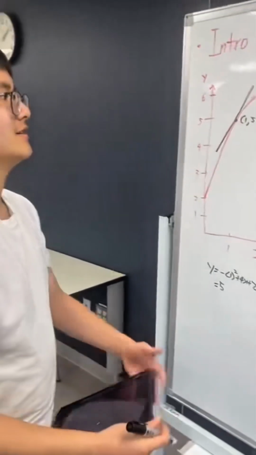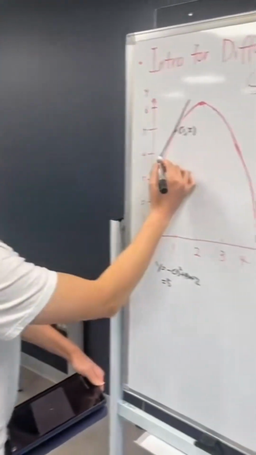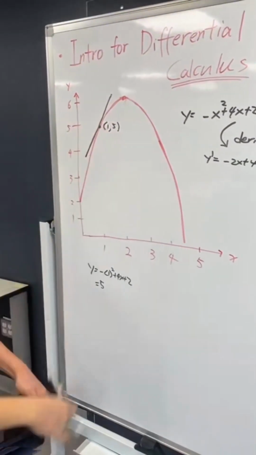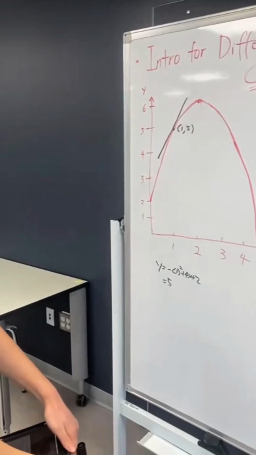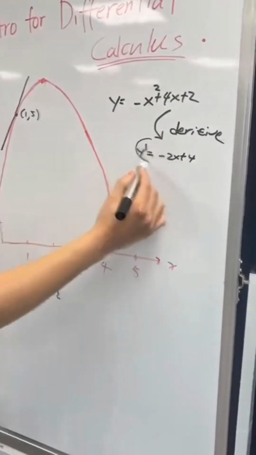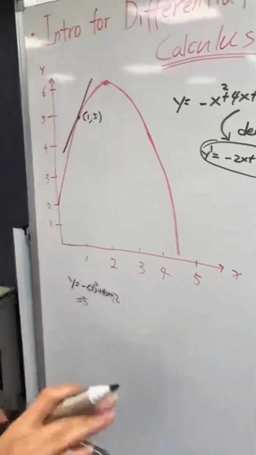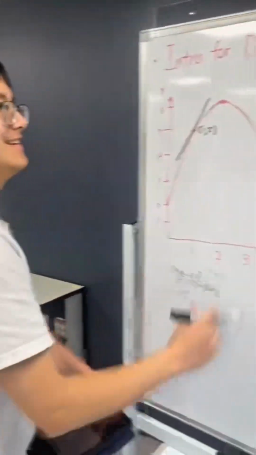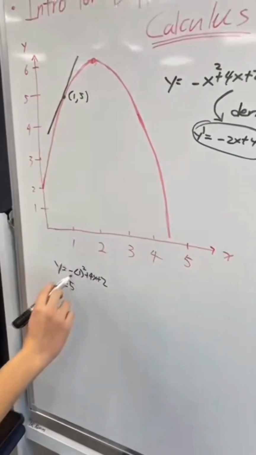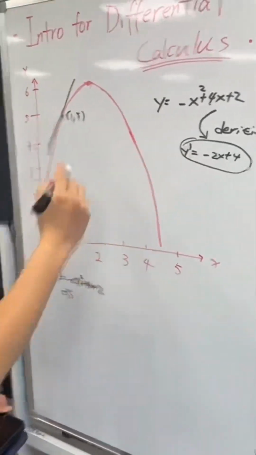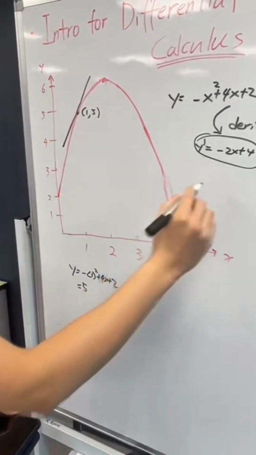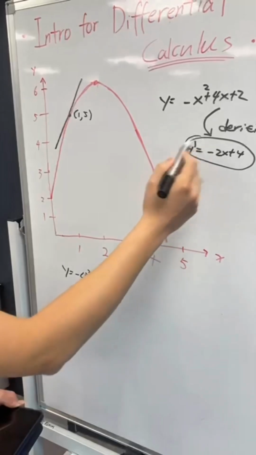However, we are trying to find this line, which is the slope at that exact point. After we figure out the equation for the derivative, which we'll get into in our next video, we just plug the same x coordinate into that equation, and we can find the slope at that point.